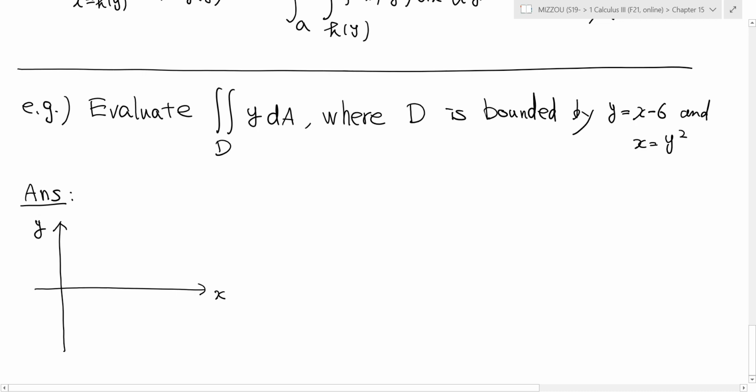This is a parabola. y is equal to x squared is a parabola opening in the direction of the y-axis, but if you switch the square here, what you get is a parabola like this. So this is x is equal to y squared. And then you have y is equal to x minus 6. This is just a line with y-intercept negative 6, slope 1. And then this looks like, maybe we need more space.